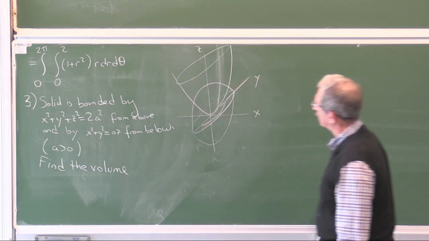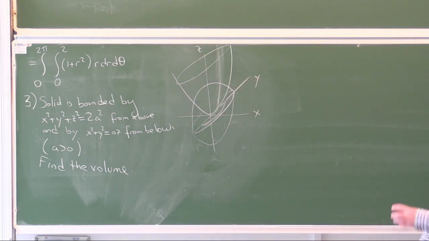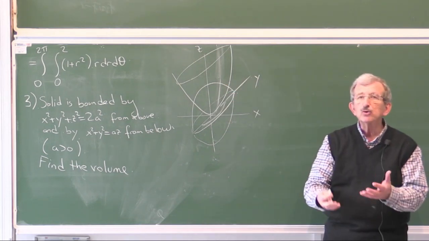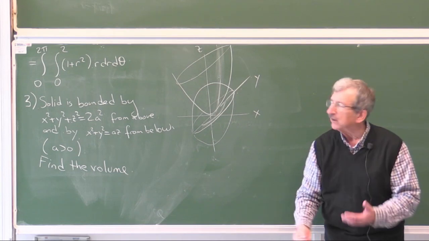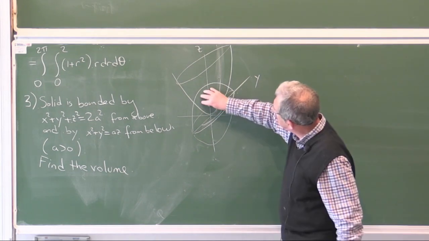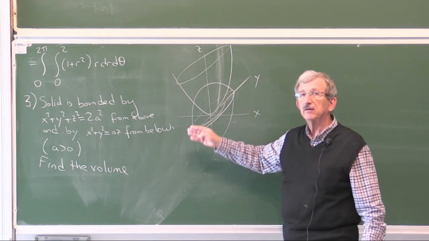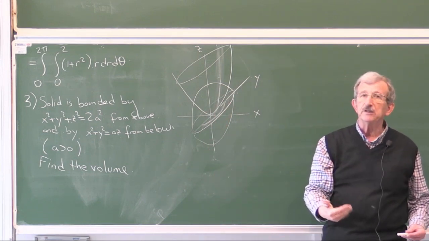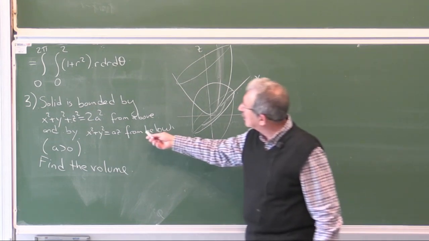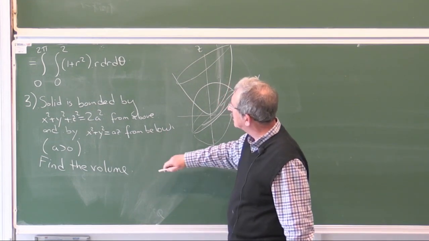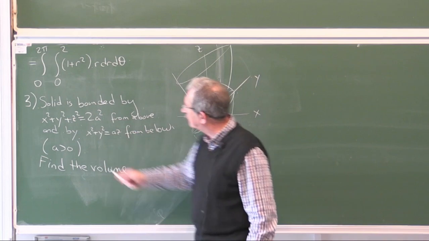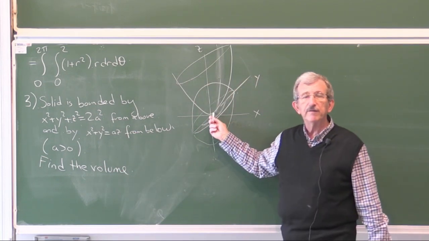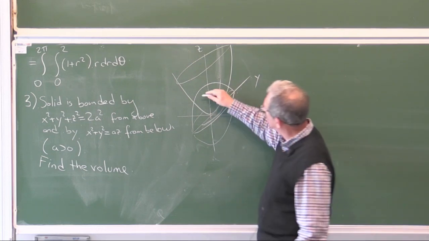As you can see, the paraboloid surface cuts two solids from the sphere. One is this part, the other one is the below part. If you carve a sphere, you get, of course, two pieces. Now, this characterization tells us that from above we will have the sphere, and from below we will have the paraboloid. So it is this one.